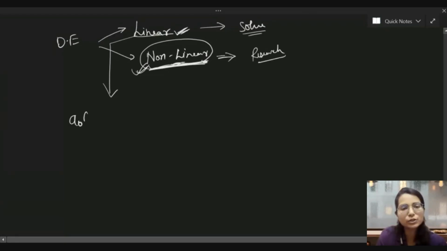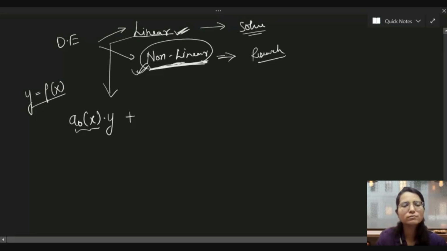A differential equation which is of the type, for example, you have a function y equals f of x. So if a differential equation is of the type a naught x, what is a naught x? It is some function of x, multiplied by y. Y here is also a function of x, so you can write y of x or just y will do.